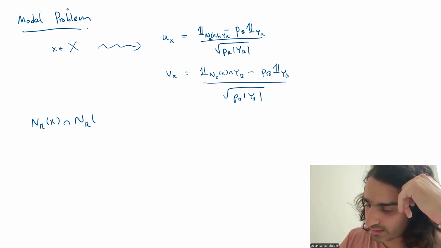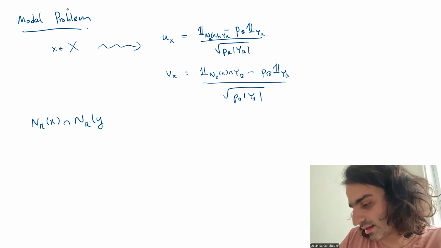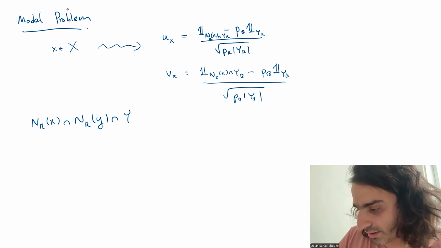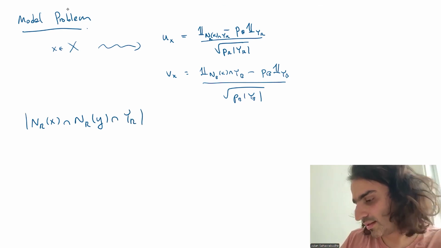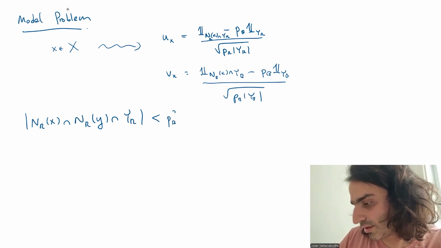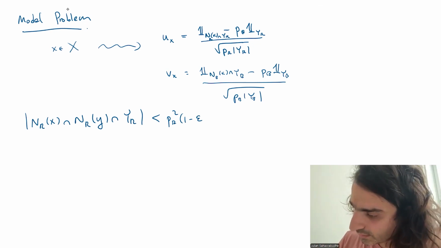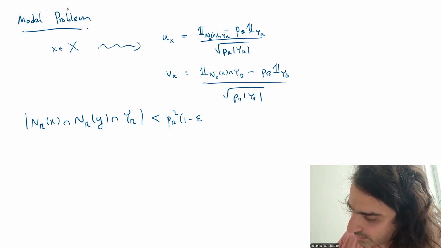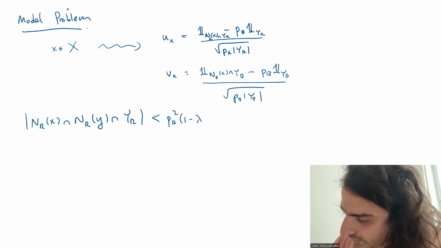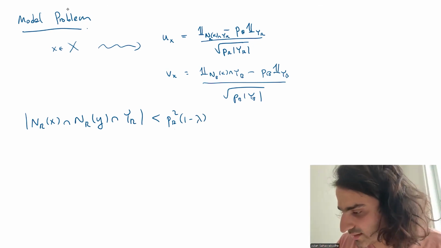So if I look at the red neighborhood intersection, the red neighborhood, because it's all happening on the right-hand side. Right, so if this is smaller than PR squared, like 1 minus epsilon, maybe I'll use lambda actually, times the size that we expect.